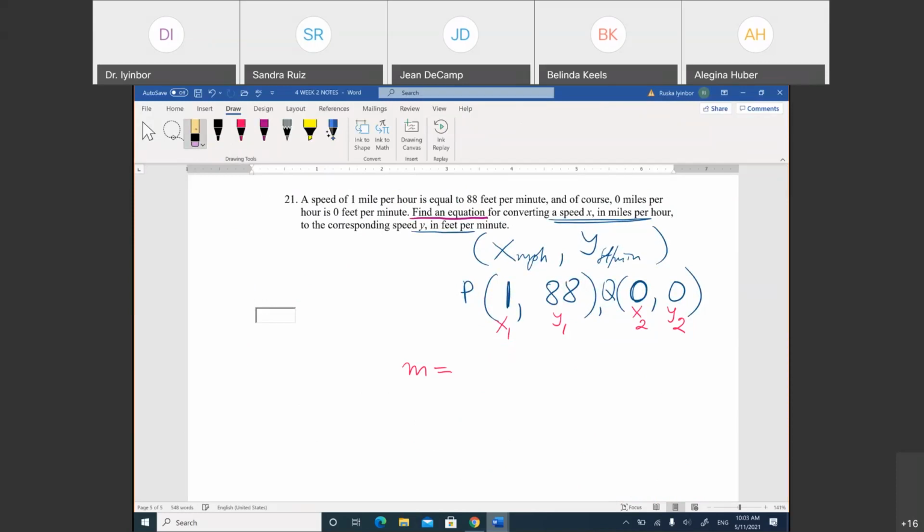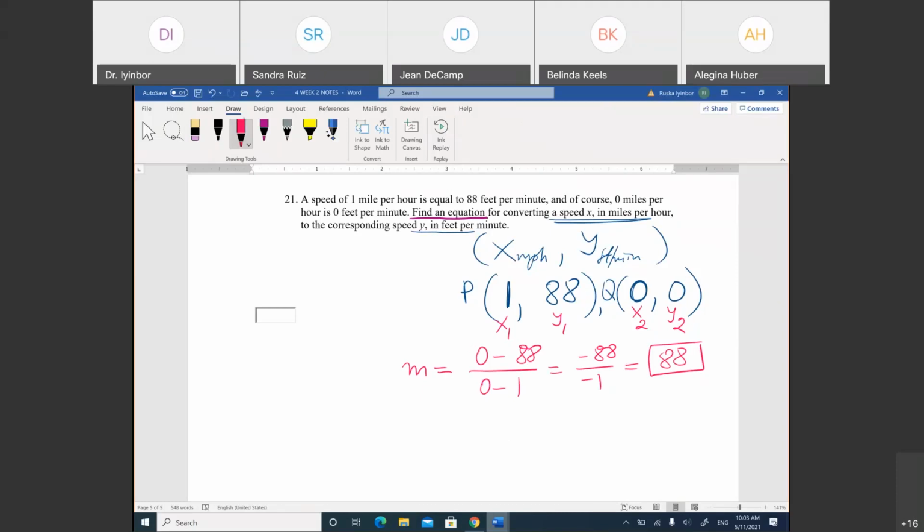Y2 minus y1, so it's 0 minus 88 over x2 minus x1, so it's 0 minus 1. That gives me negative 88 over negative 1. Negative over negative, it's positive 88. So the slope is 88, right?